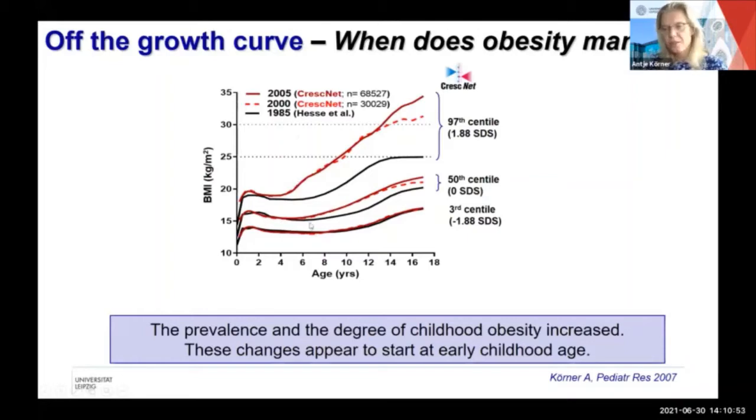What you see is that the 3rd and the 50th centile haven't changed, but the 97th centile, those red lines over here, has changed dramatically over those 20 years. That means that not only the prevalence, but also the degree of childhood obesity has increased. And you also see that this appears to start pretty early, in early childhood.